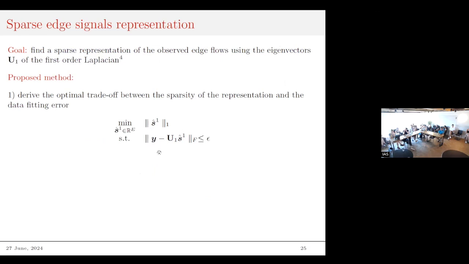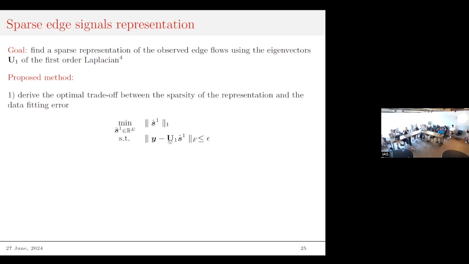And then if I learned L1, I also have the eigenvectors of the matrix. And I find the sparse representation of the edge signal in this subspace.